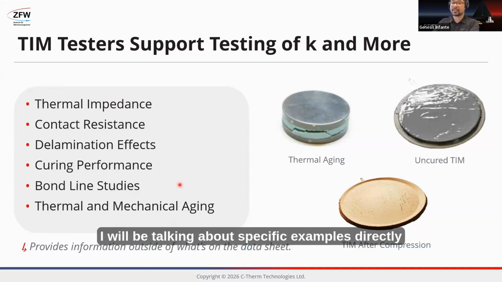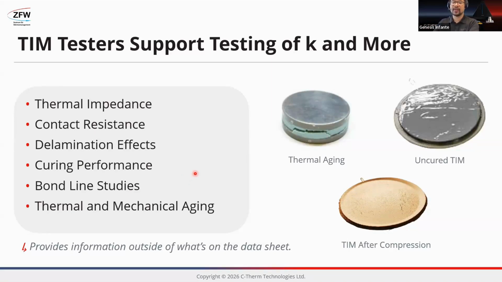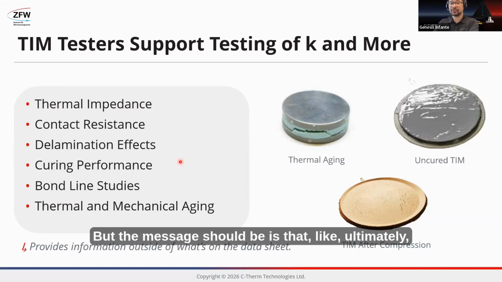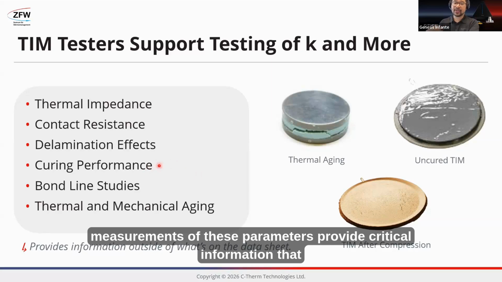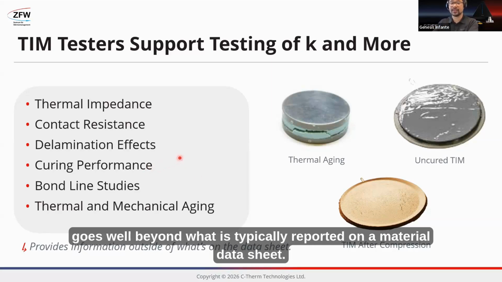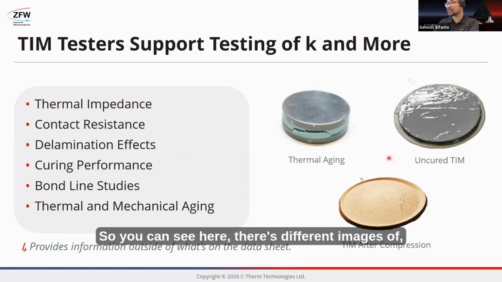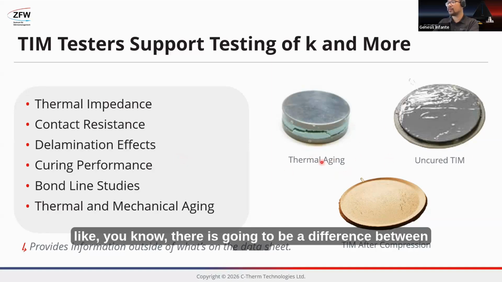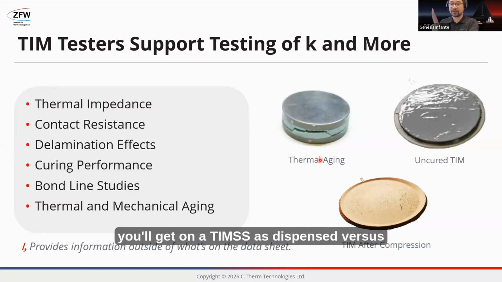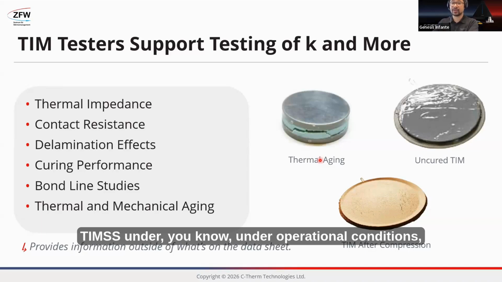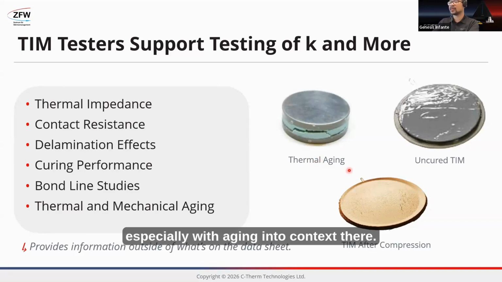I will be talking about specific examples directly pertaining to these parameters, but the message is that measurements of these parameters provide critical information that goes well beyond what is typically reported on a material data sheet. You can see here different images showing there's going to be a difference between TIMs as dispensed versus TIMs under operational conditions, especially with aging taken into context.